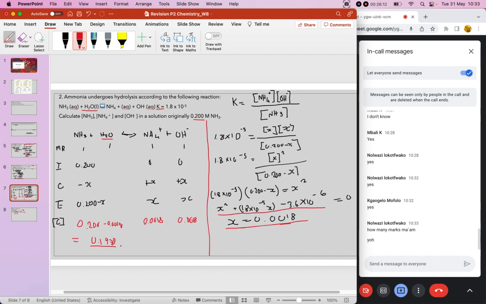Yeah, 10. Because there's a lot going on, from writing the balanced chemical equation, filling the table, solving the equation, substituting, solving for x, getting the correct answer, getting the concentrations of the three values. So it has more marks, by looking at what you have to do.